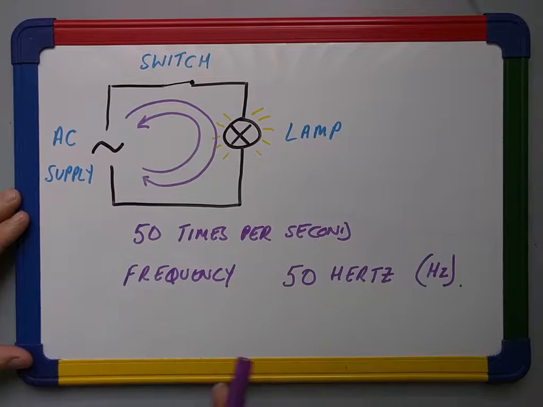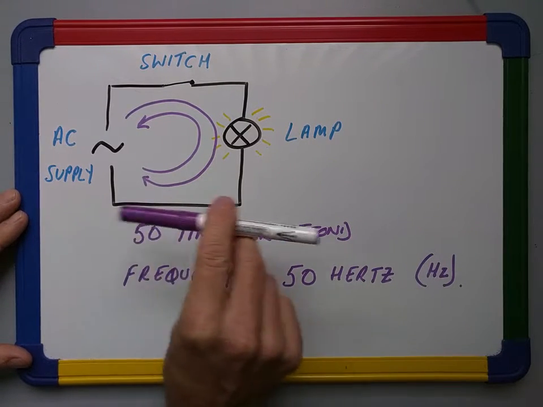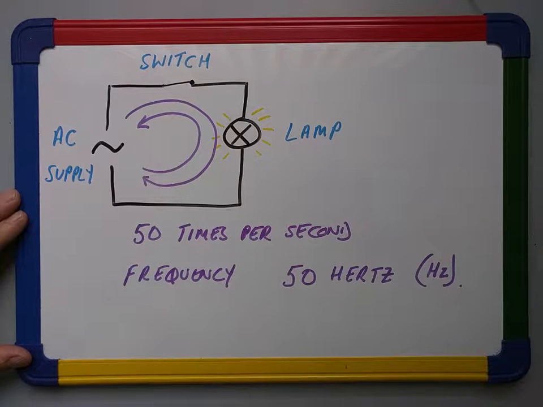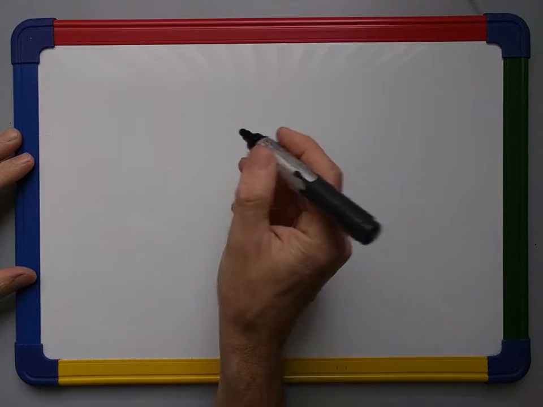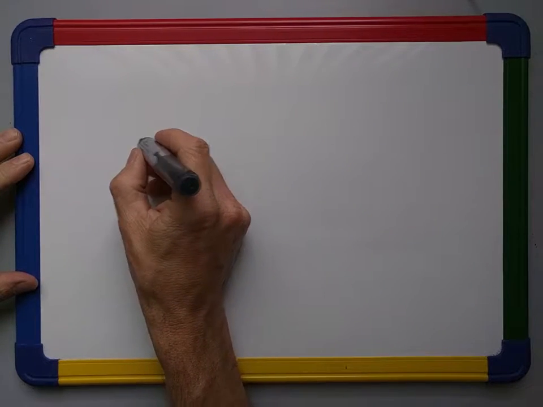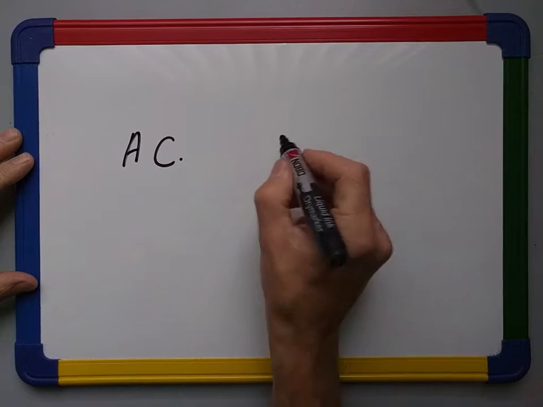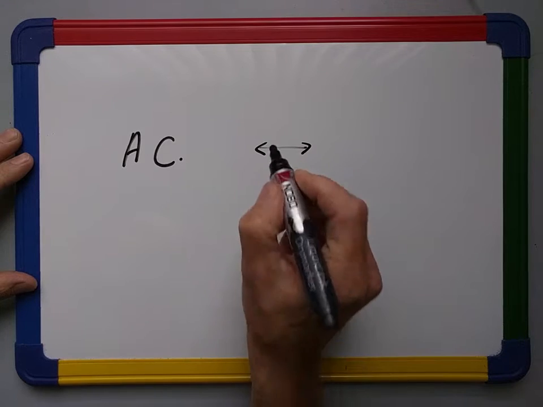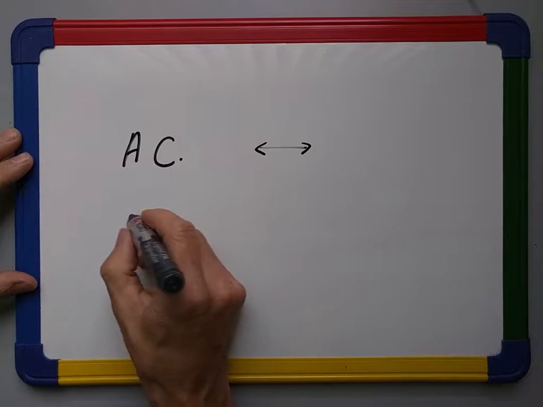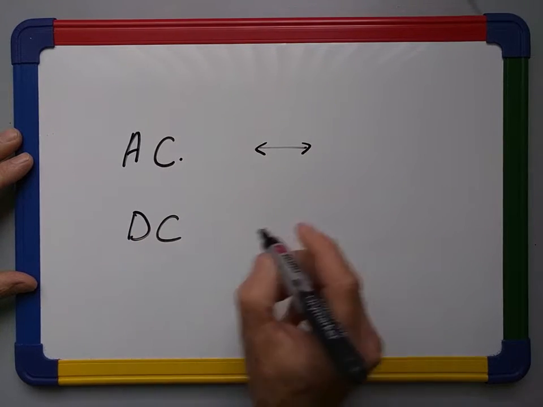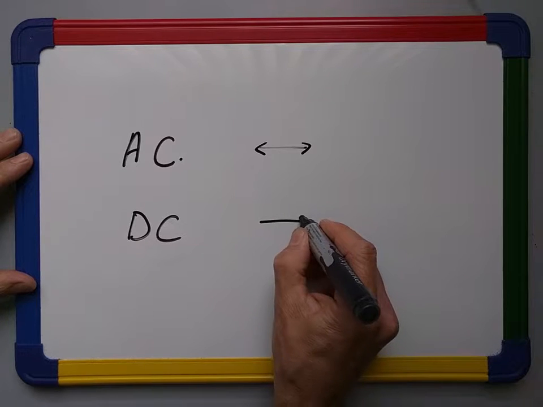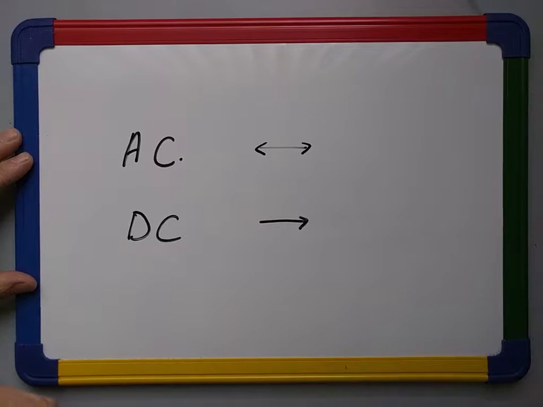So when you flick a switch at home and the light comes on in your living room, the cables running to that light are carrying electricity which is going back and forward 50 times per second. Now, for reasons we're not going to go into here, all of the electrical supplies you have at home are AC, alternating current, where the current flows back and forward. But almost all electronics wants to run off DC, direct current, where the current always flows in one direction.